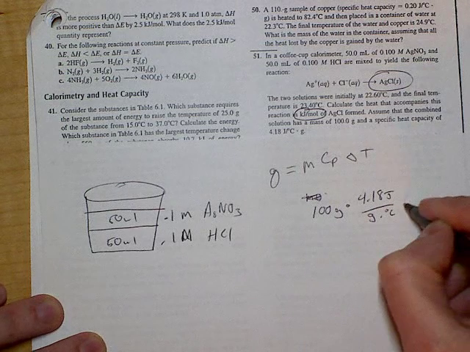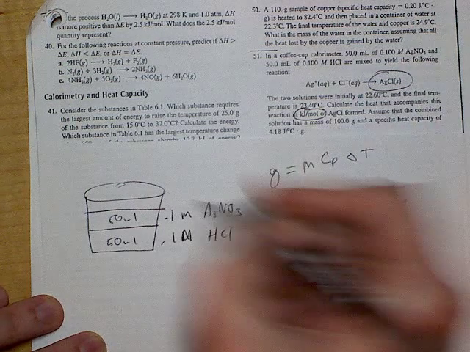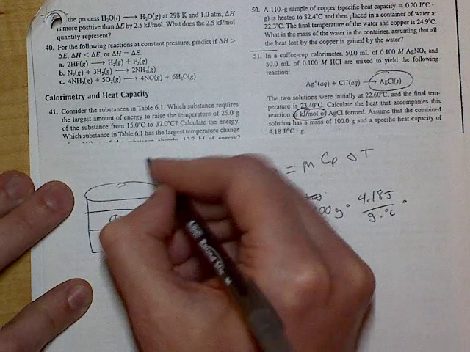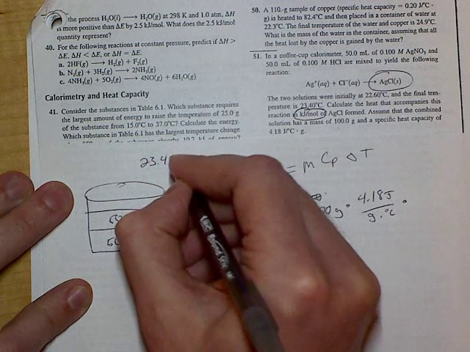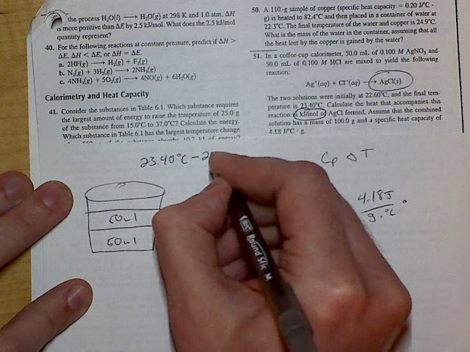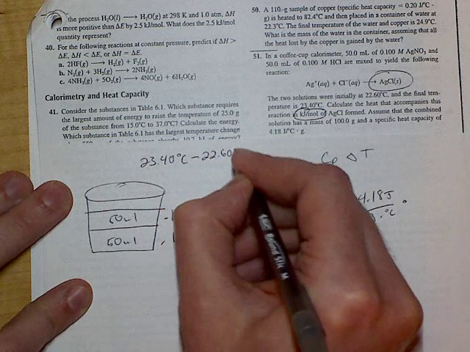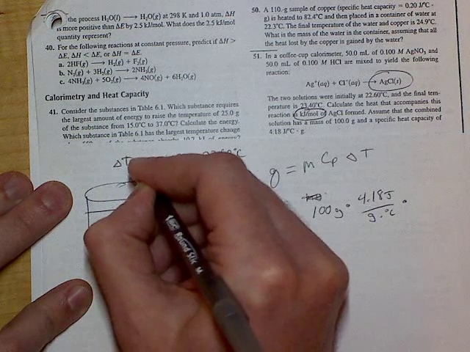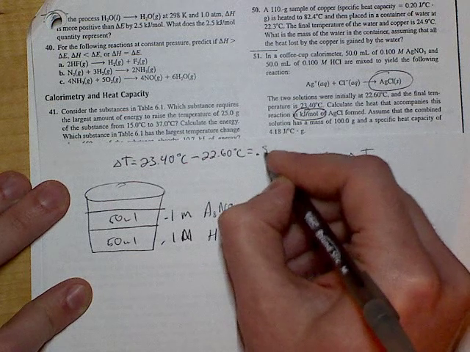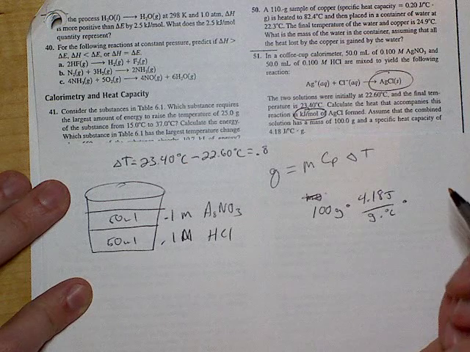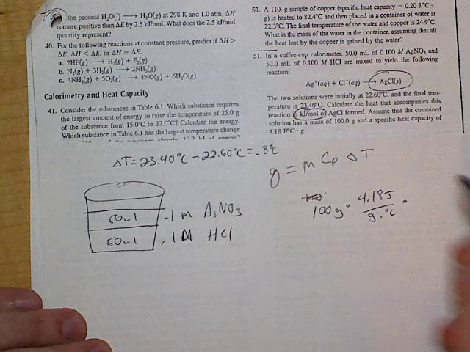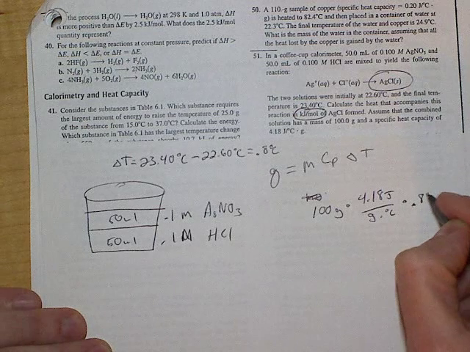And then our delta T is going to be our final temperature, which ends up being 23.40 degrees Celsius, and we subtract the initial temperature of 22.60 degrees Celsius. And that gives us a really small temperature change. If we did this in lab, you really have to be careful to measure it carefully. It's 0.8 degrees Celsius.